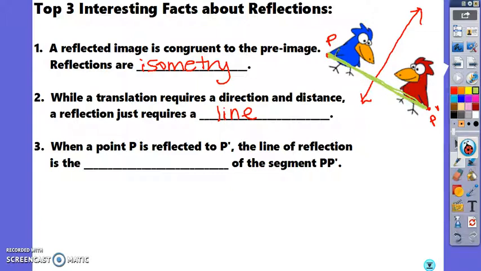All right, so what's special about the line of reflection and this segment right here? Well, they were supposed to be equal distance, so that would make this a midpoint right here.